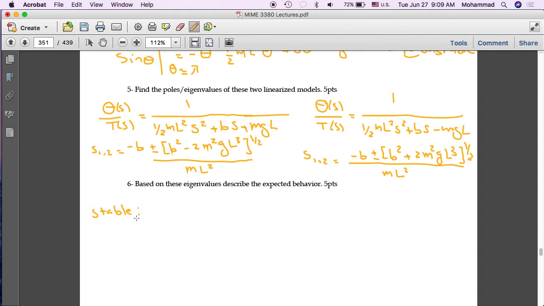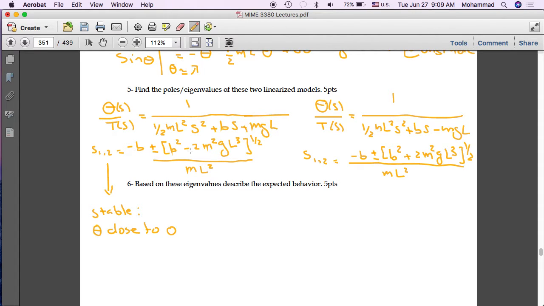As a result, what you get for the stable case, which is in a way cheating, we know ahead of time that this is stable. We're just trying to relate them by calling it stable. So in other words, when theta is close to 0, for this case, which comes from this, the two eigenvalues, or the two poles, are going to definitely be two real and negative eigenvalues. Why?